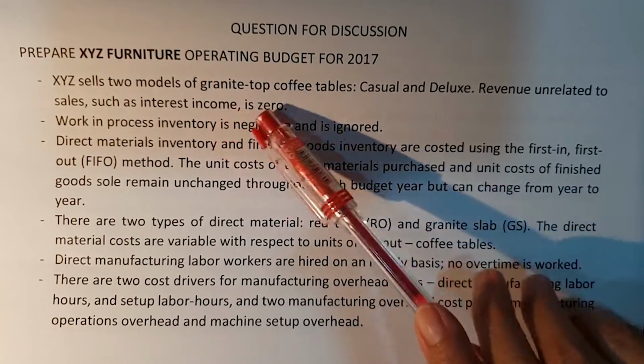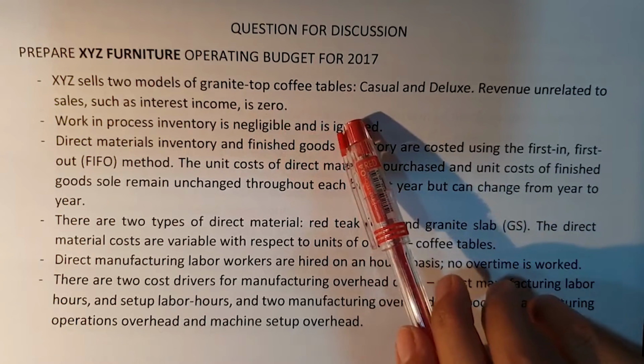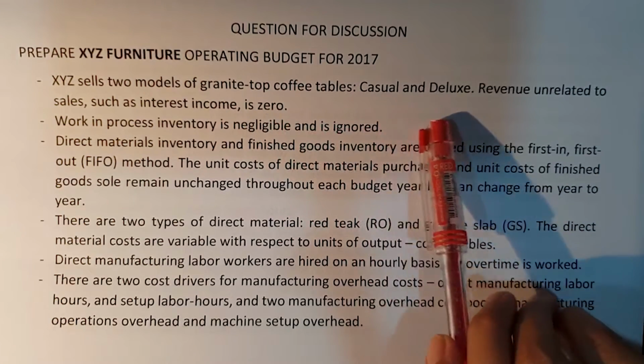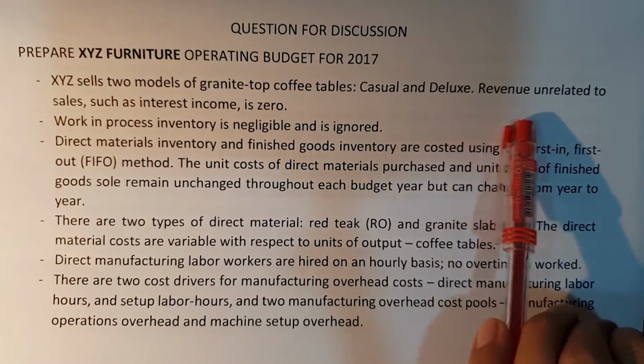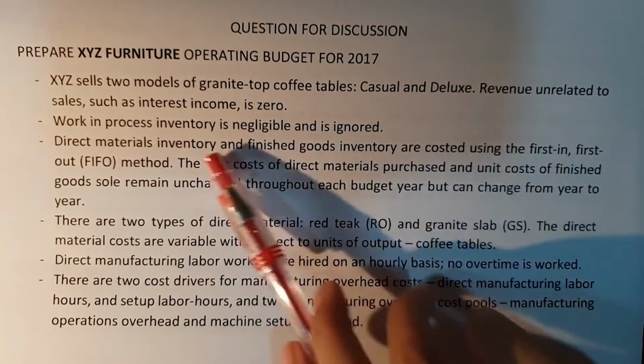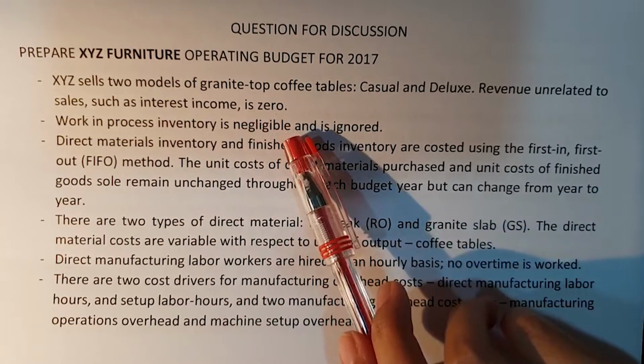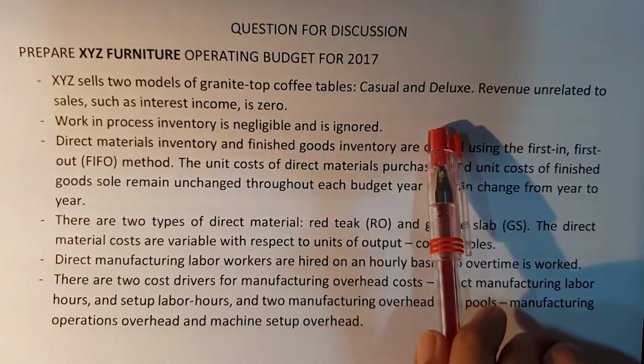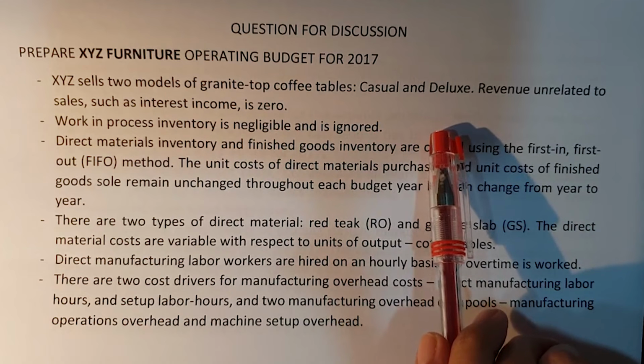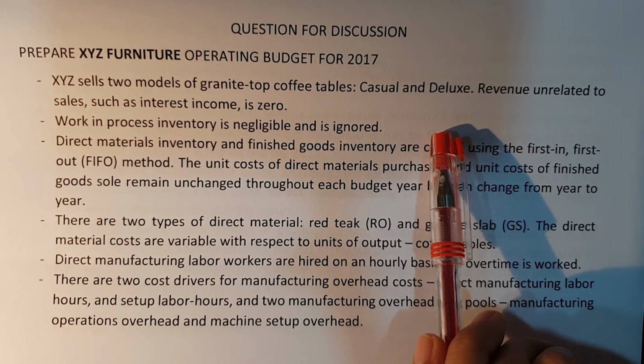These 2 models are called casual and deluxe. Revenue unrelated to sales, such as interest income, is 0. This information suggests that XYZ Furniture only receives revenue in the form of sales, not from other sources such as interest income.